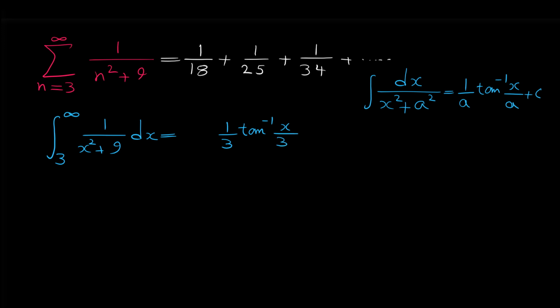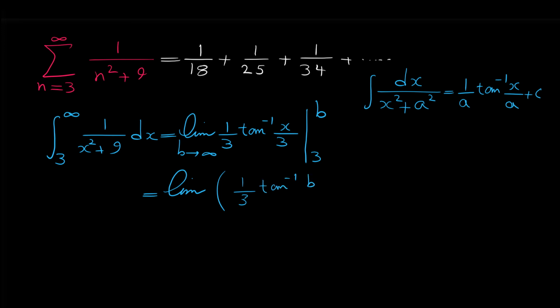Because this integral is improper, we have to write it in the form of 3 to b, limit b approaches infinity. If we plug in b, this equals the limit of 1 over 3 tangent inverse of b over 3 minus 1 over 3 tangent inverse of 3 over 3, as b goes to infinity.